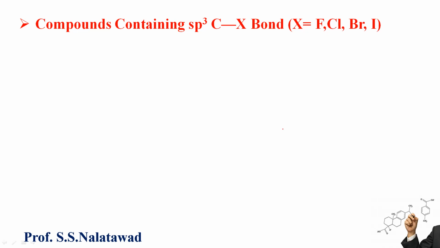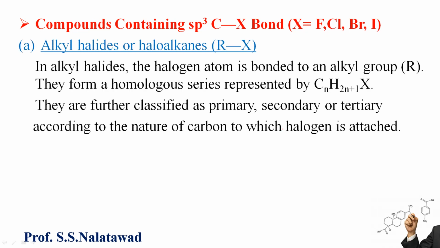In that, first type is alkyl halides or haloalkanes. In alkyl halides, the halogen atom, that is X, is bonded to the alkyl group. Here halogen atom X is bonded to the alkyl group R. They will form R bonded to X. Alkyl halides are formed like this.